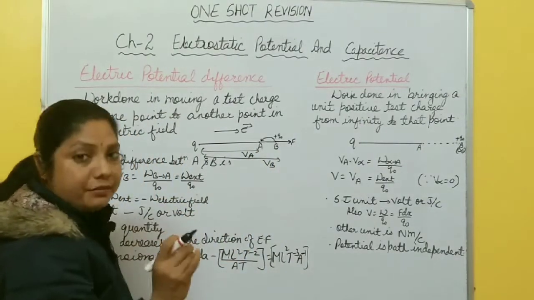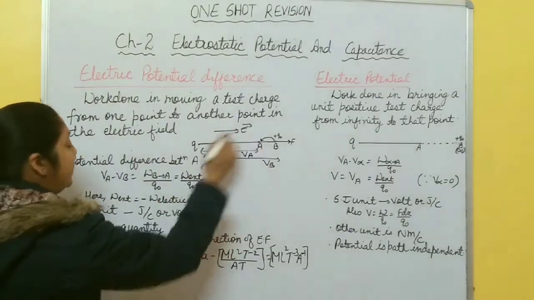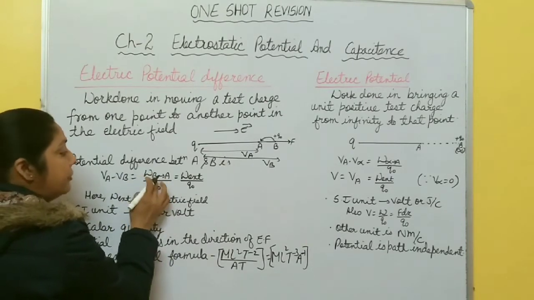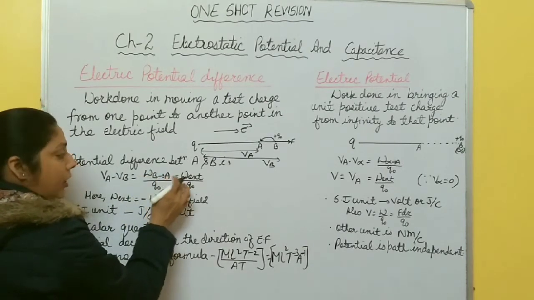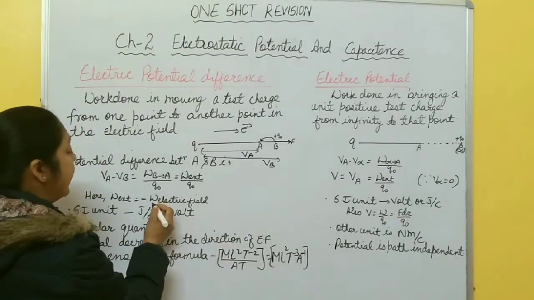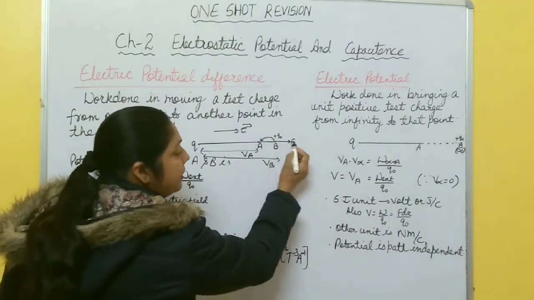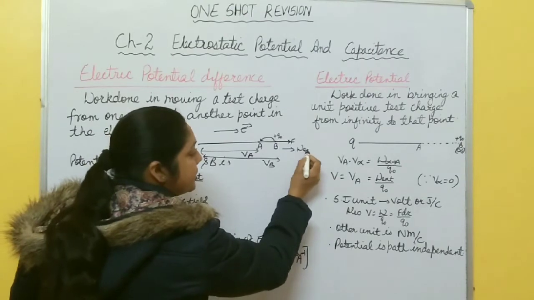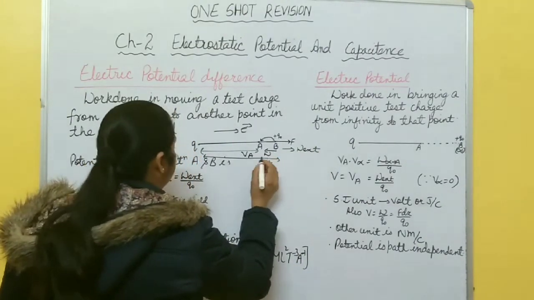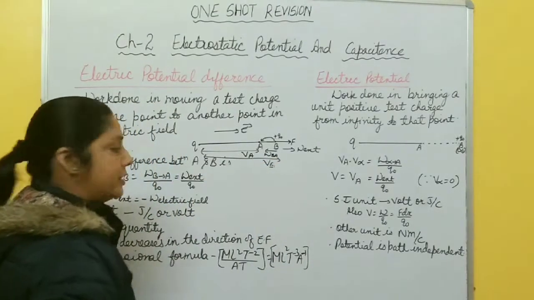This is the potential difference, and this potential difference to move a test charge from B to A, VA minus VB, is equal to the work done in moving a charge from B to A, or you can write W external. This W external is equal to minus W electric field, because work done by the electric field is in this direction, W external is in this direction, and they are in opposite directions.